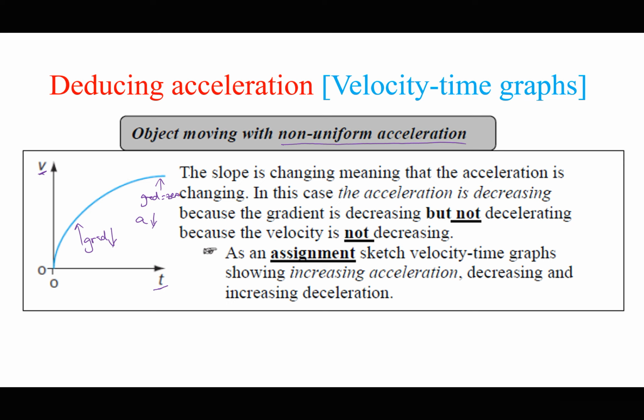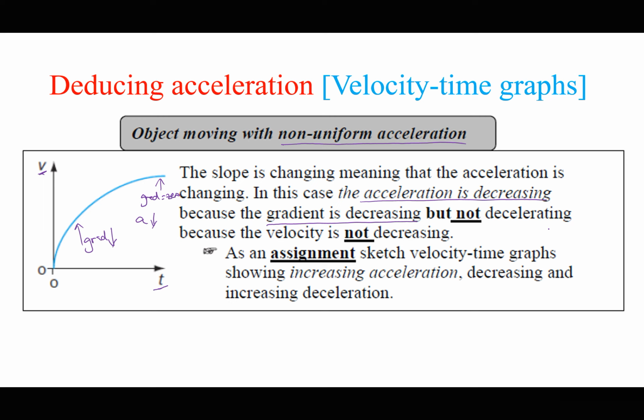It was decreasing to 0. So the body's acceleration was not constant, but it was decreasing to 0. So the slope is changing, meaning that the acceleration is changing. It is not constant. In this case, the acceleration is decreasing, but the body is not decelerating. Now that is the difference.